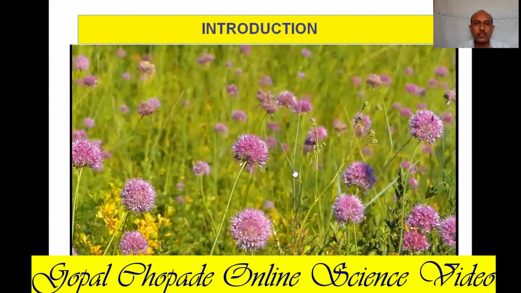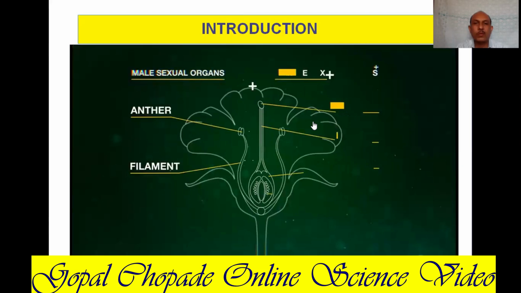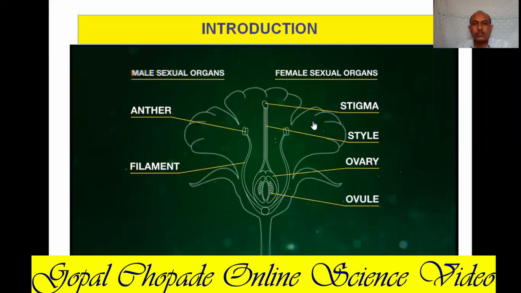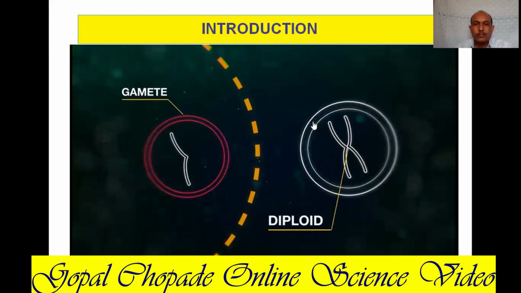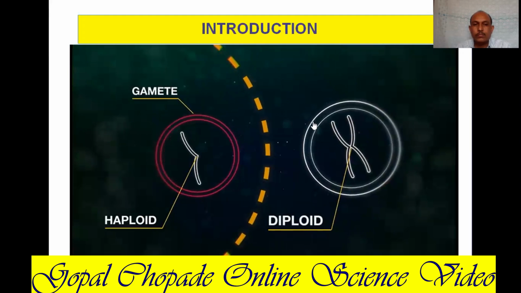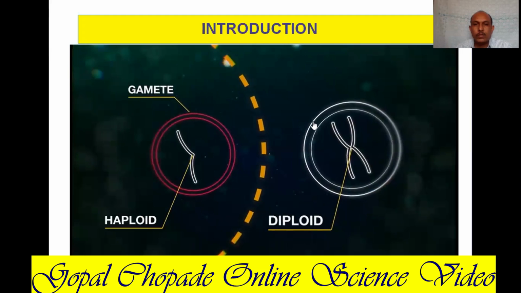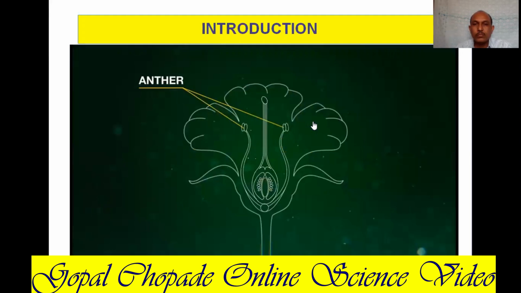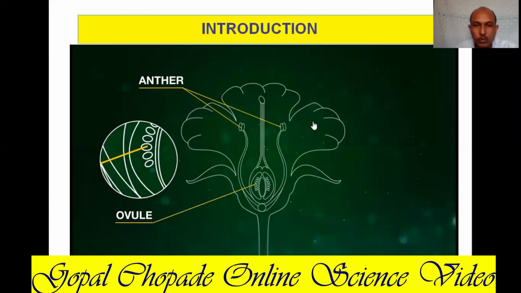These are different flowers. See here, the male gametes are produced, that is pollen grains. Here is a female gamete, the ovule.